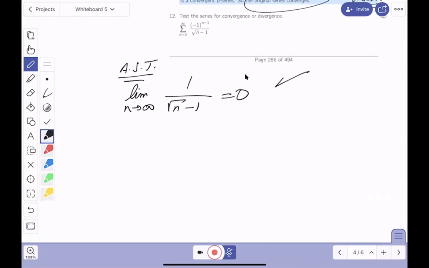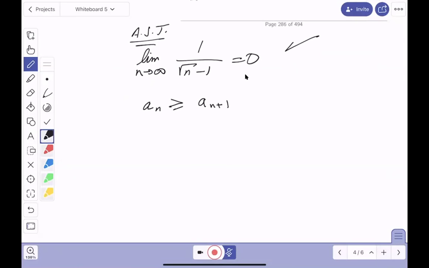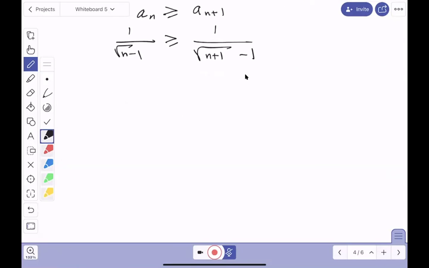That's good news. And now what I'm going to do, I'm going to see if I can show that a_n is greater than or equal to a_(n+1). Let's write it down. Whether I think that's obvious or not is incidental at this point.